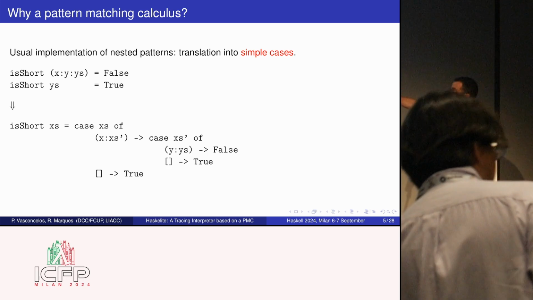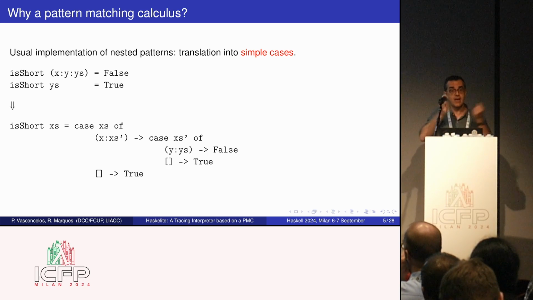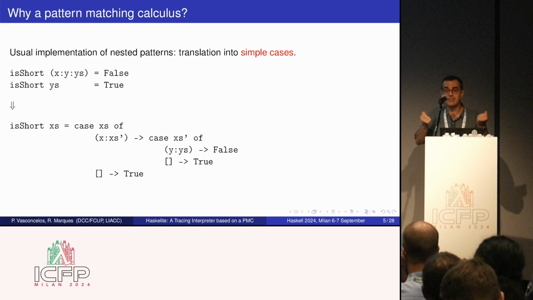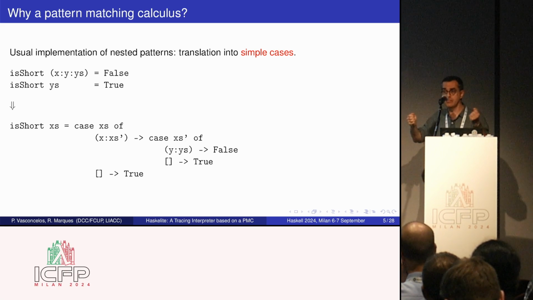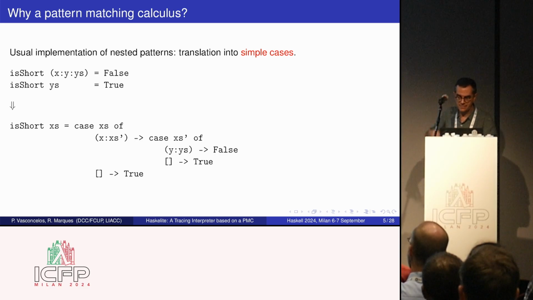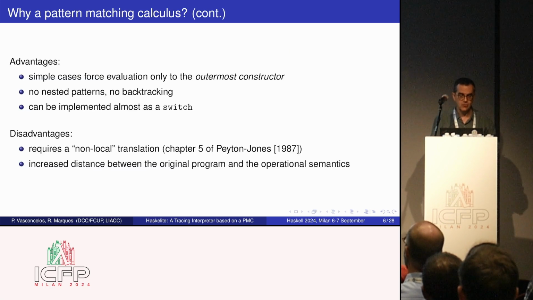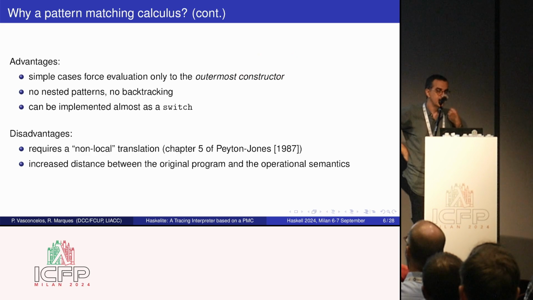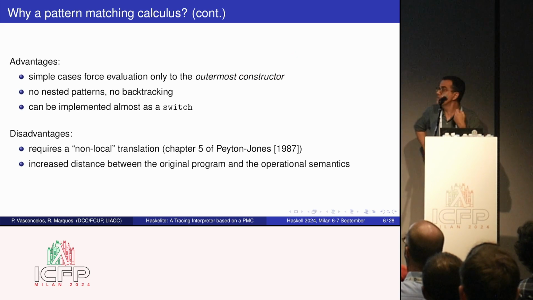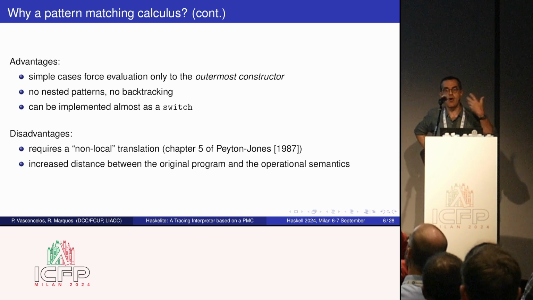There's a single equation, a case that takes apart a constructor at one level only. So there's one constructor and variables, and then again one constructor and variables, and you have to cover all the cases there. Why is this done? The big advantage is that in a lazy language you don't want to over-evaluate. This way you evaluate just as much as you need to make the next decision.